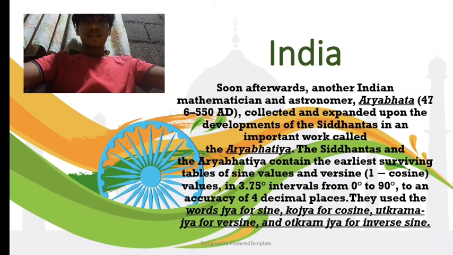Values are given in 3.75 degree intervals from 0 degrees to 90 degrees, to an accuracy of 4 decimal places. They used the words Jya for sine, Kojya for cosine, Utkrama Jya for versine, and Otkram Jya for inverse sine.